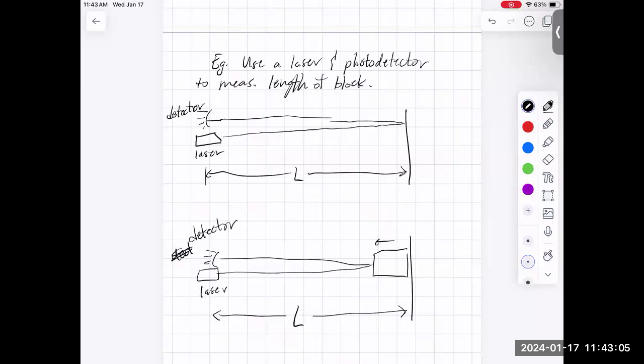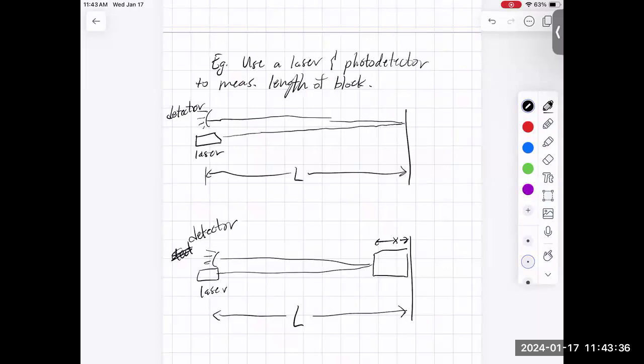And maybe this length is X. And so now I measure the time of flight. This time, the time of flight will be 2 times L minus X, divided by the speed of light. And so from the difference in these 2 times, I could deduce what the value of X is.